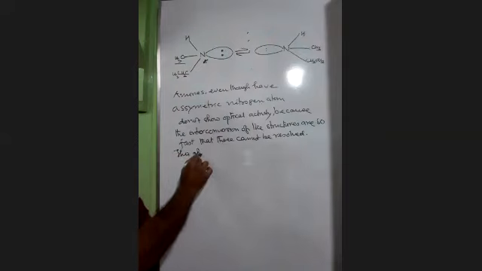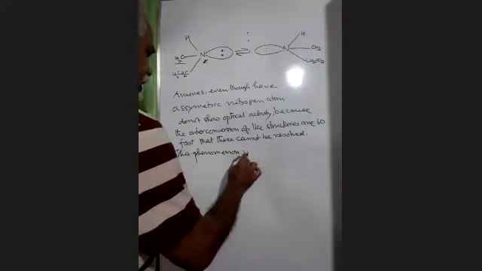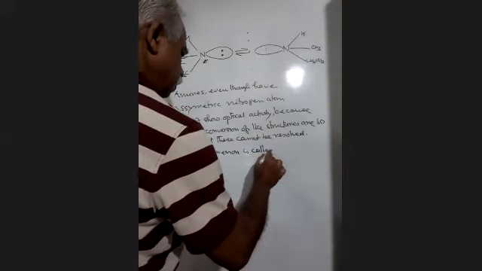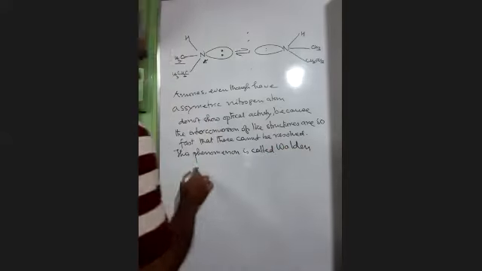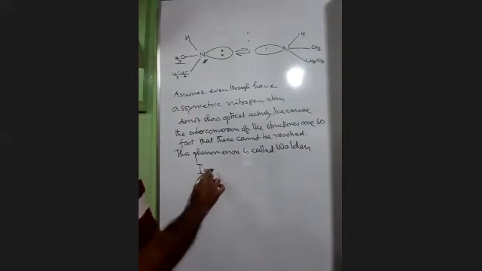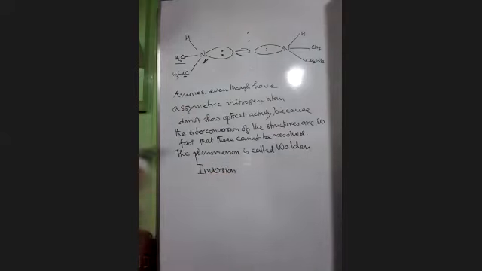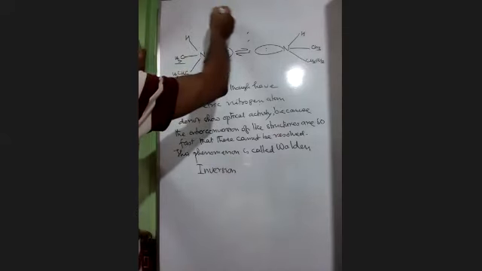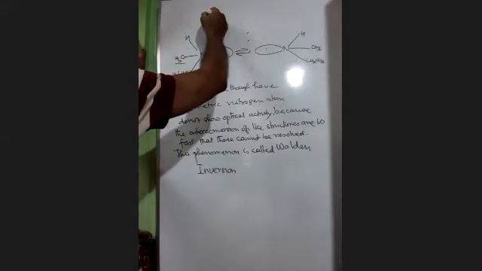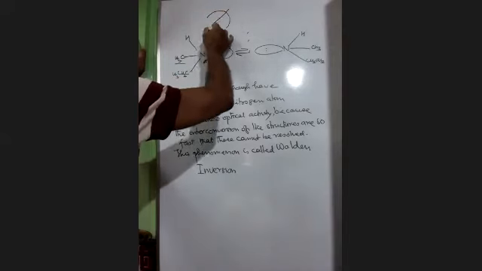This phenomenon is called Walden inversion. See, Walden inversion you have practice in Shillong also. Suppose you are going to school, rain is coming in this direction and this is your umbrella.